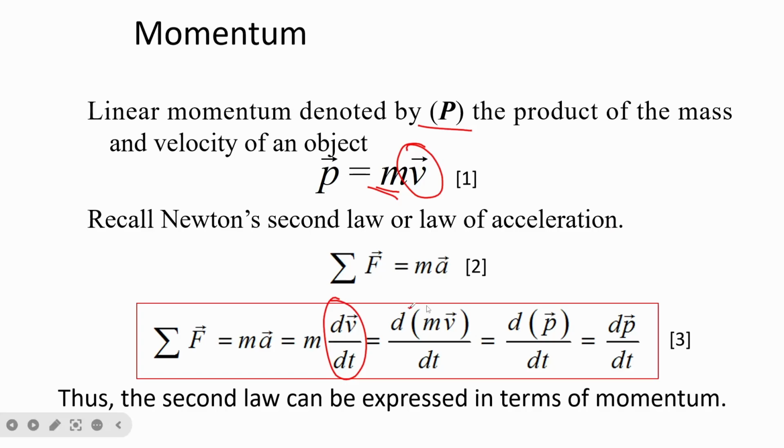So this one is clearly this expression here. So it's d(mv) over dt, the derivative of mass times velocity with respect to time. So we can change this into P. So you have force is just the derivative of the momentum with respect to time. This is a re-expression of Newton's second law. So the force is now in terms of momentum.